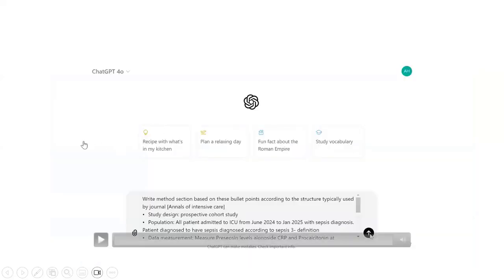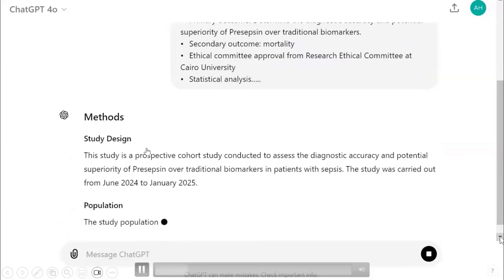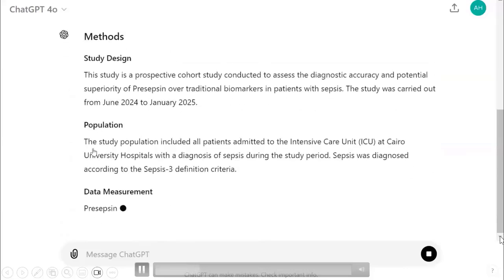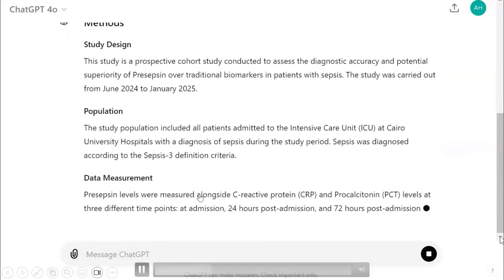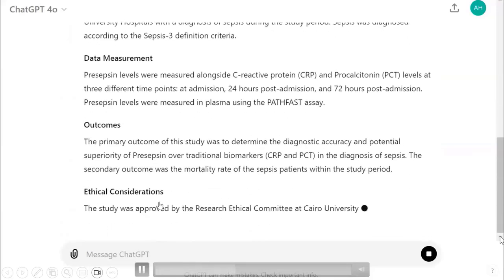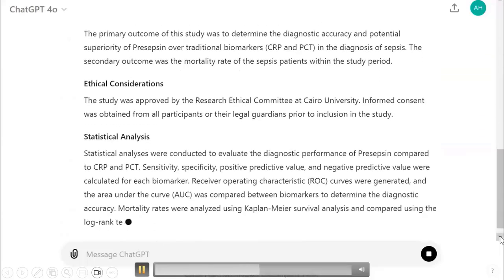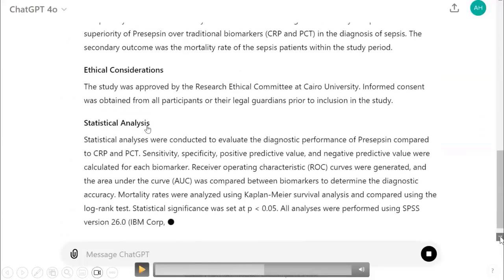We'll first start by posting this prompt. And as we see here, it starts by writing the study design, the population, the data measurement, the outcome of the patients, and ethical consideration. And interestingly, it posts the statistical analysis, despite the fact that I didn't mention statistical analysis.